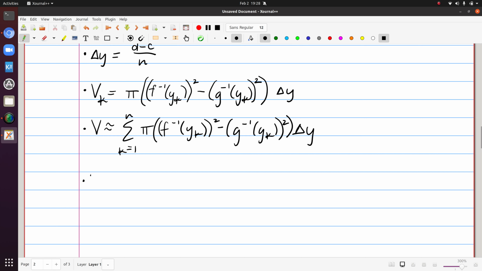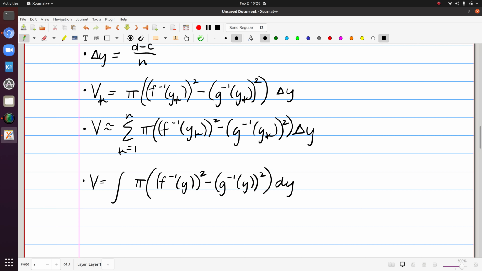And so we end up with our formula for the washer here, where I get an integral of pi times the inverse of the outer function squared minus the inverse of the inner function squared. We're integrating against dy, and my integral bounds are completely determined by the y values that specify the region at hand.